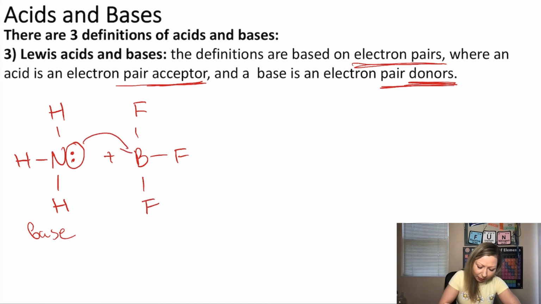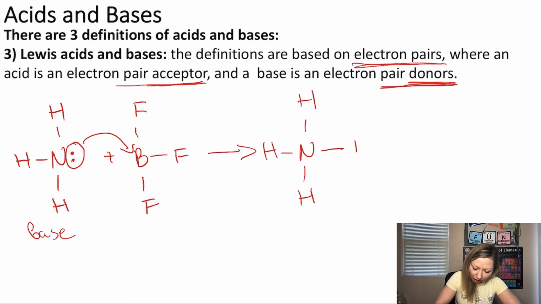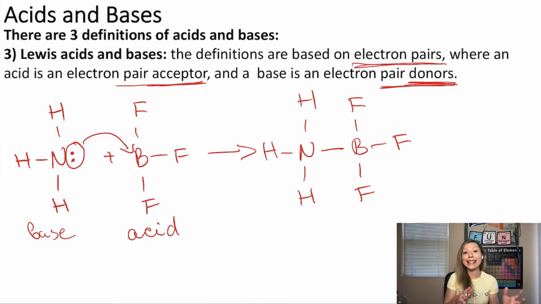So this electron pair will be donated there, and then on the other side as a product, we are going to form this compound right here. So BF3 accepted the electron pair, so that is going to be our acid. So any compound that can donate an electron pair is going to be a base, and any compound that can accept that electron pair is going to be an acid.